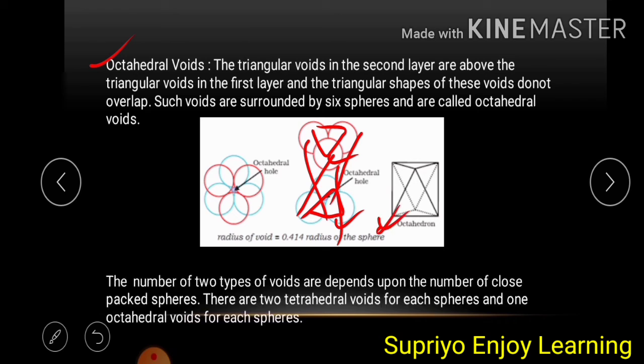The number of two types of voids depends upon the number of close packed spheres. There are two tetrahedral voids for each sphere, one octahedral void for each sphere.